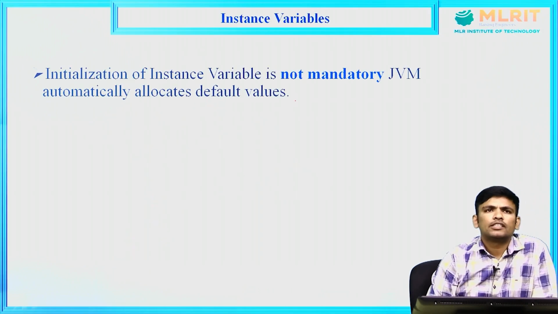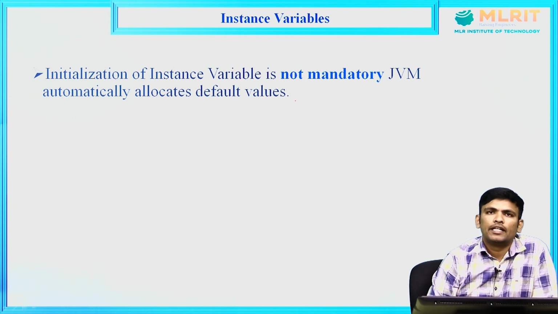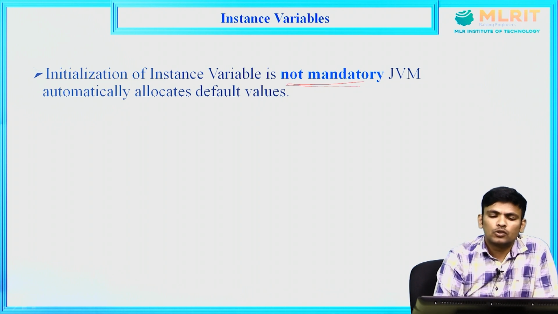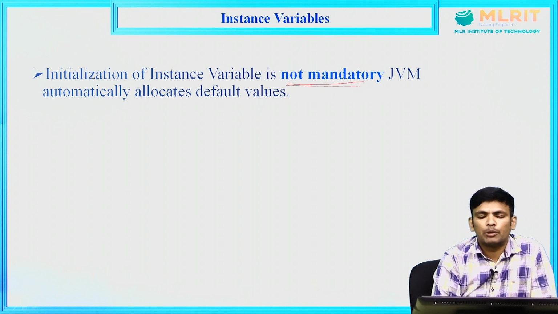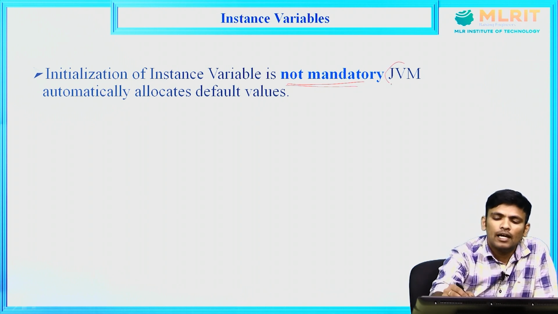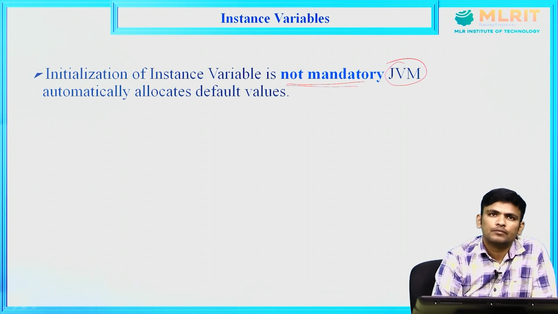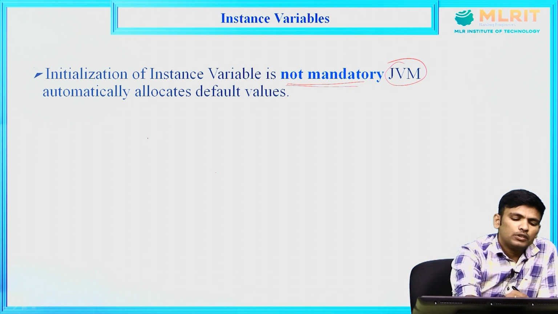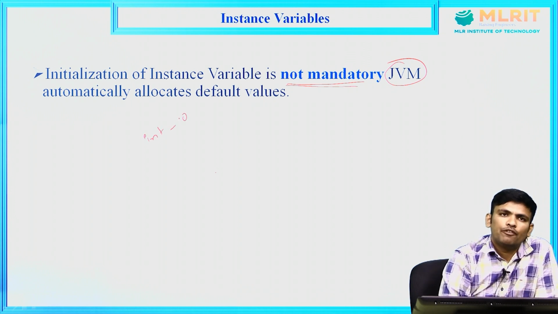Initialization of an instance variable is not mandatory here. Initialization is optional for an instance variable. If you do not initialize an instance variable, the JVM will allocate the default values. Suppose you are using an integer variable, it will be initialized with 0.